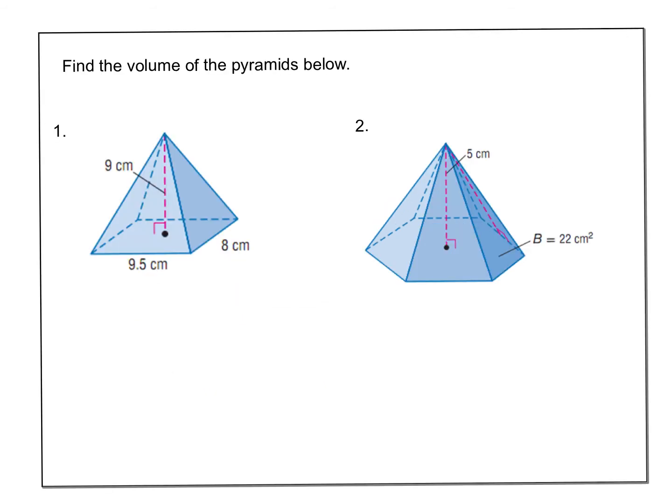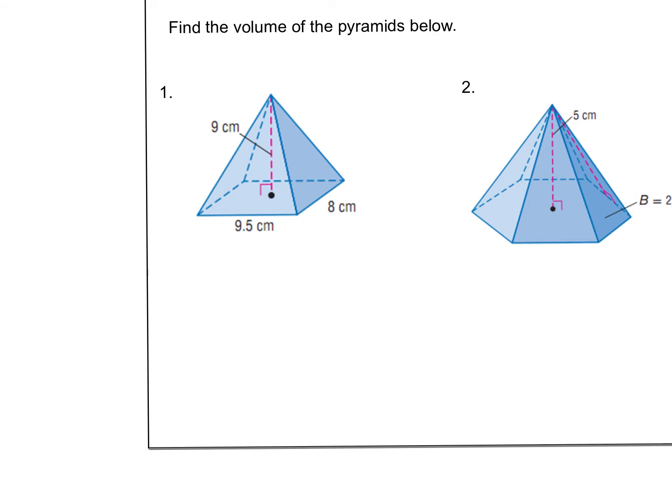So when we look here, number 1, remember I'm going 1/3 base times height. 1/3 area of my base, which is 9.5 times 8, times my height, which is 9. So it's doing some calculator mashing. I get approximately 202.67.